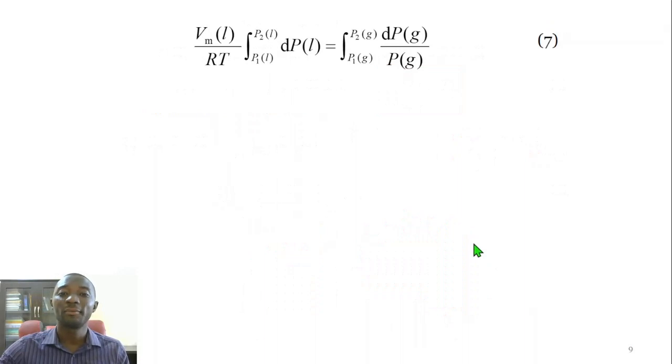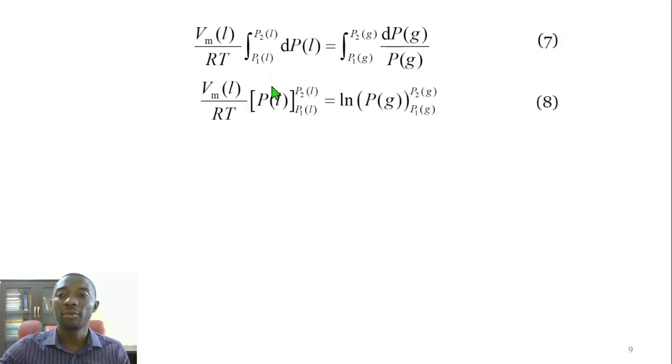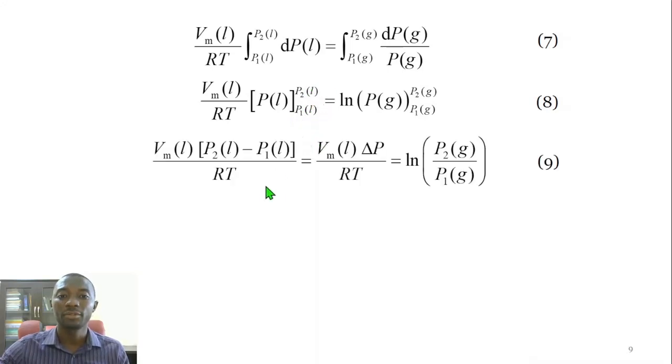Then we obtain equation 7 on that basis. Of course, these are constants, so we factor them outside the integration. Now, if we carry out this integration, we obtain equation 8. We take the pressure limits based on this. We obtain equation 9.